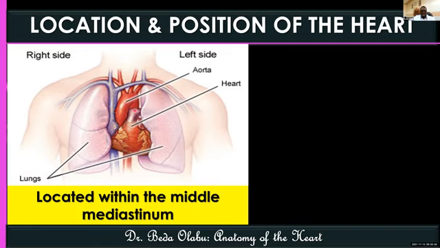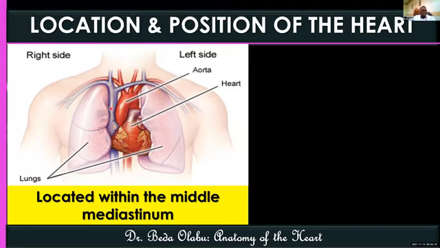The region above that line is called the superior mediastinum. And the region below that is called the inferior mediastinum. The inferior mediastinum is further divided into three, from anterior to posterior, based on the location of the heart.